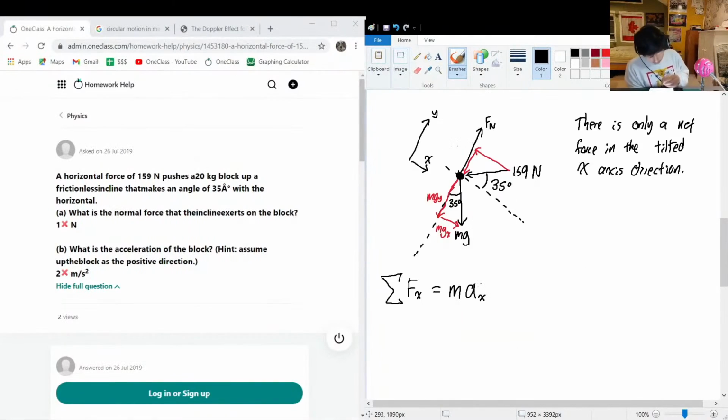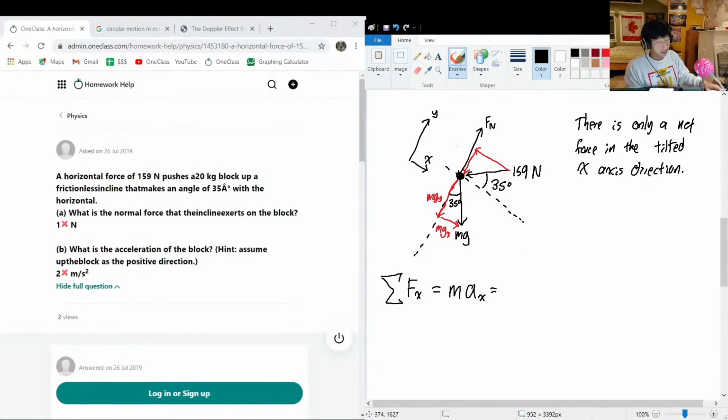Cool. So let's take a look at all of our forces and see who has an x direction contribution. So Fn, well, Fn is strictly and purely in the y direction, so that's going to have no effect on the x direction axes of force. Okay, so let's consider our gravity.